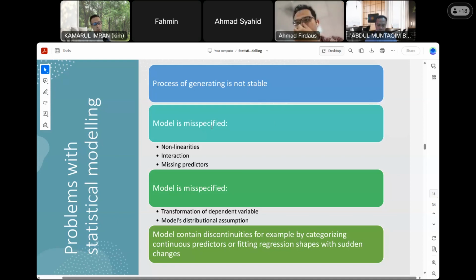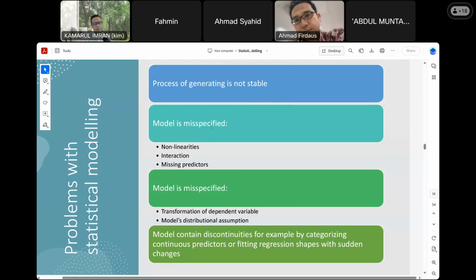So for logistic regression and for Cox proportional hazard regression, there are assumptions of linearity in logit and linearity in hazard. Okay. Tapi tak apalah. Tapi kalau keluar exam, if you were asked to state the assumptions, then one assumption that you need to write is the linearity of logit and linearity of hazard.